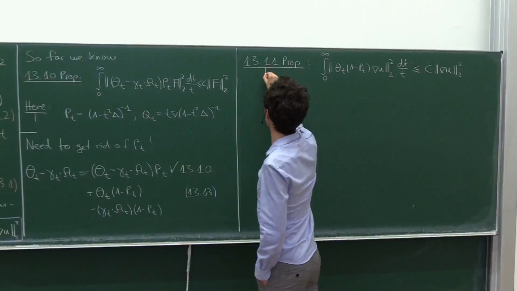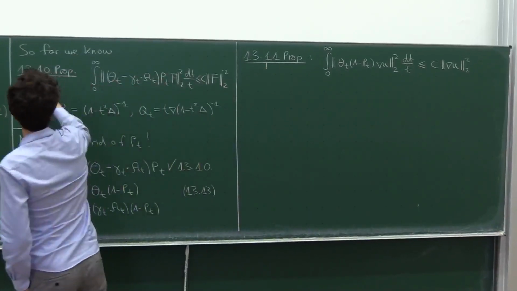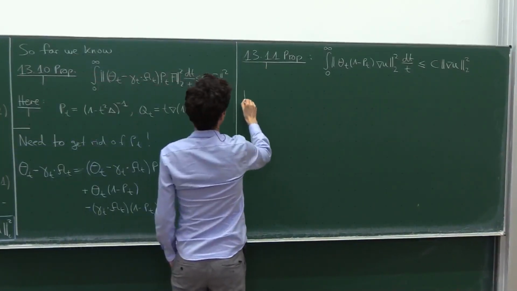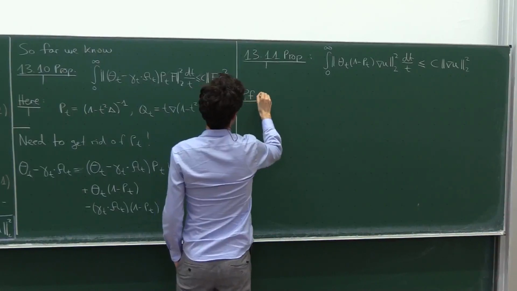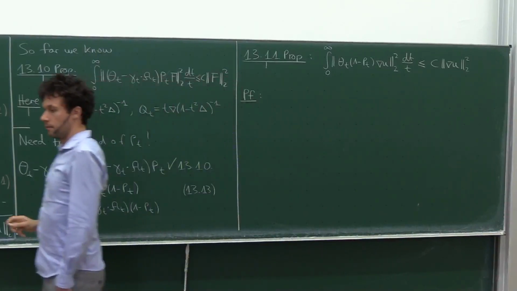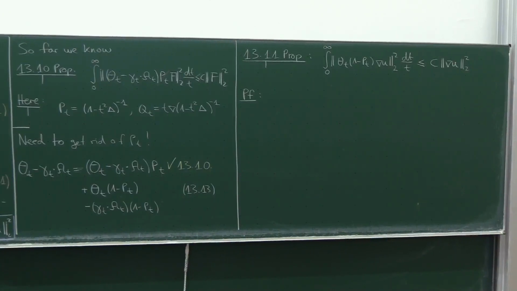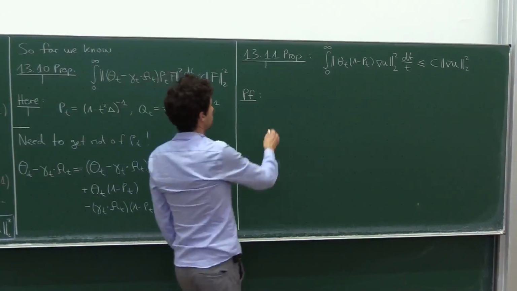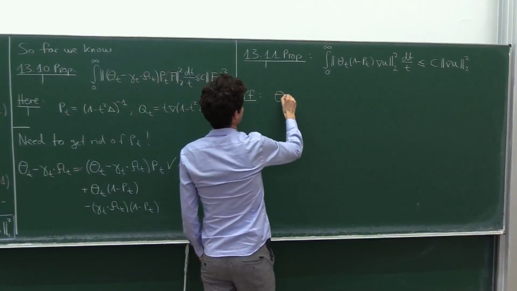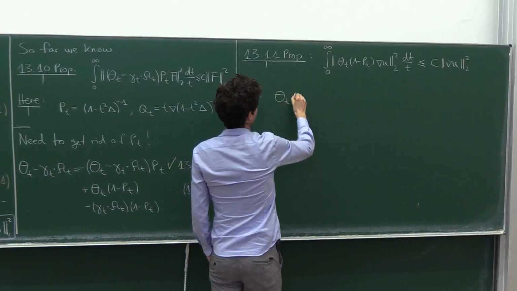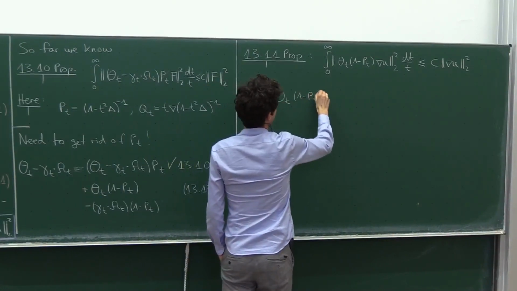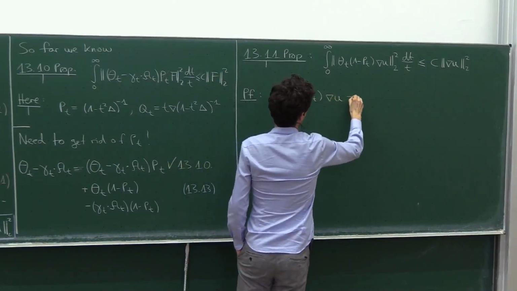That's the proposition. And so how are we going to prove it? Well, in the proof, I will start just by writing out things. So theta_t applied to (1 minus P_t) gradient of u.